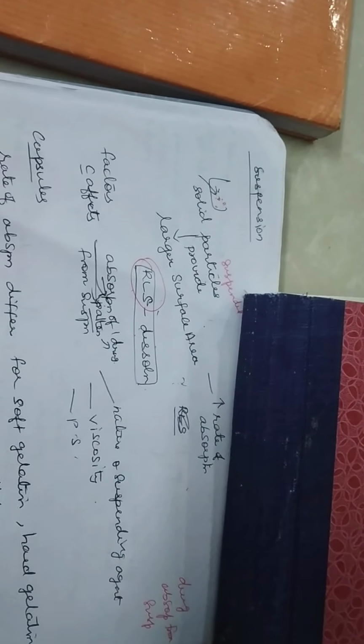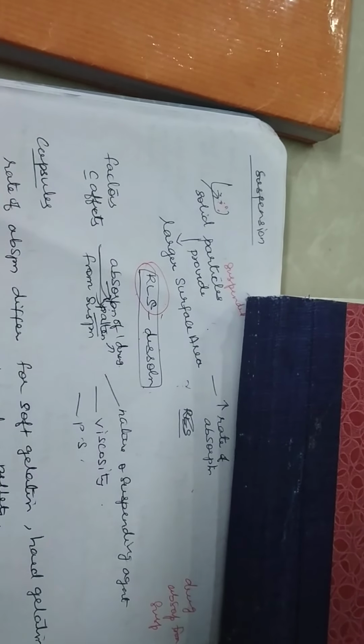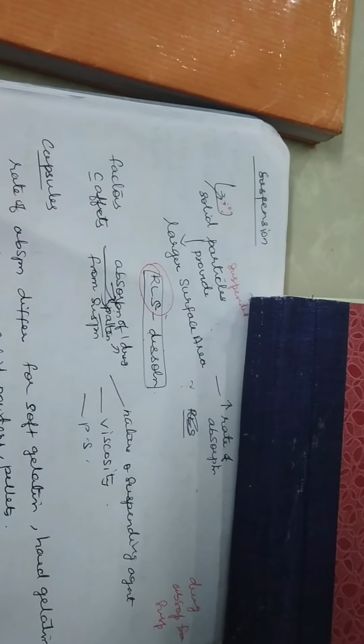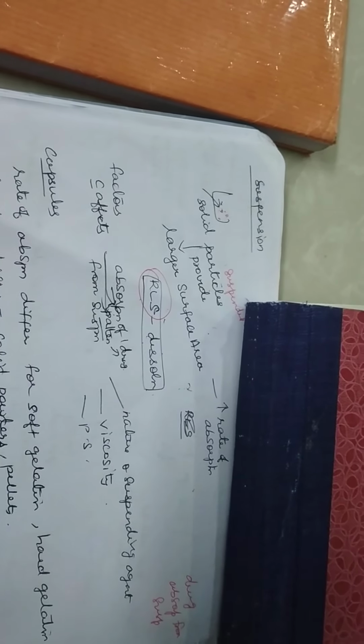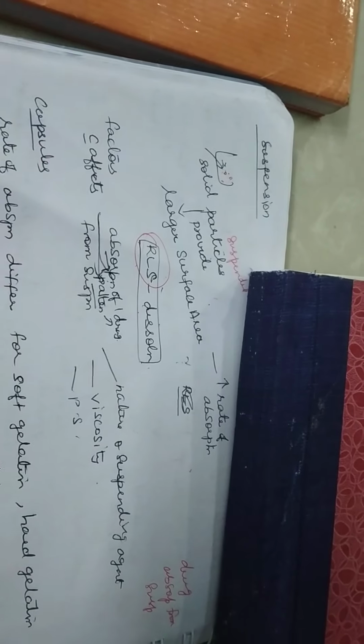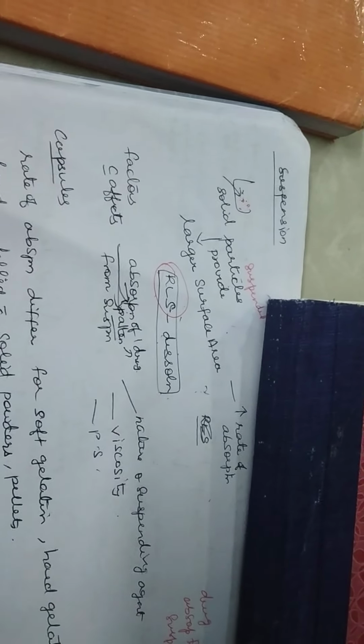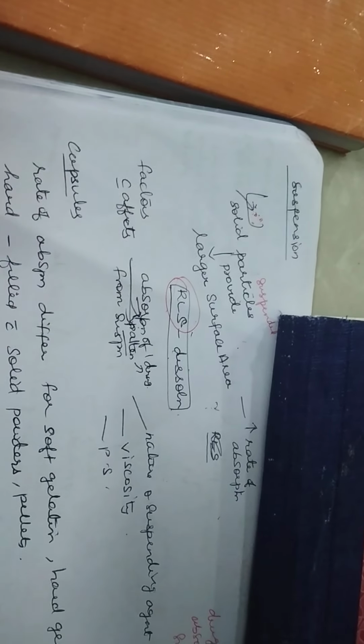So depending on the nature and type of dosage form, the absorption pattern of the drug differs. The first is a solution, which gets absorbed directly into the systemic circulation. The emulsion bypasses the first pass metabolism.